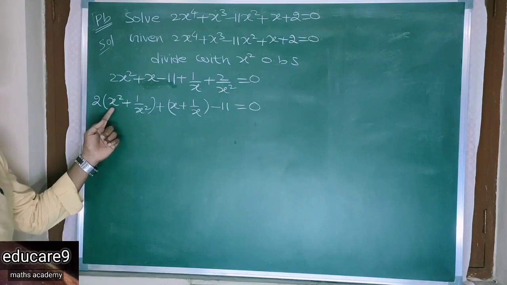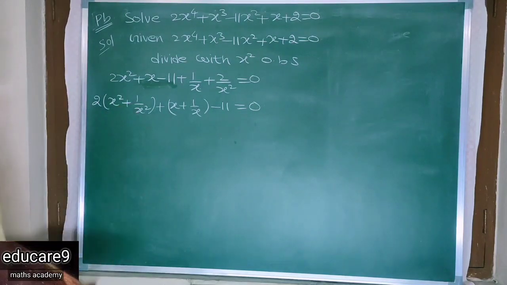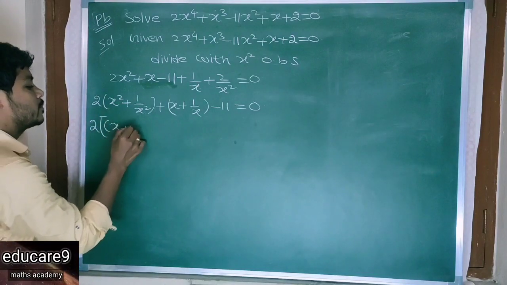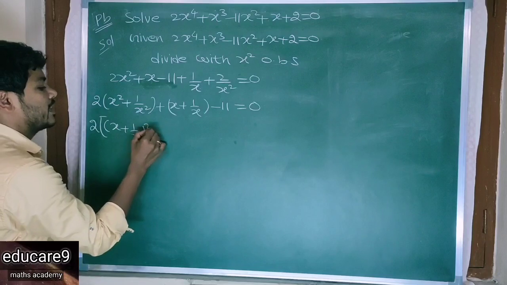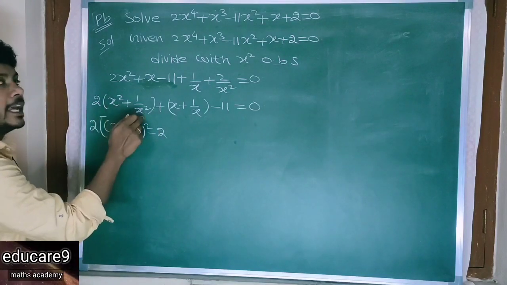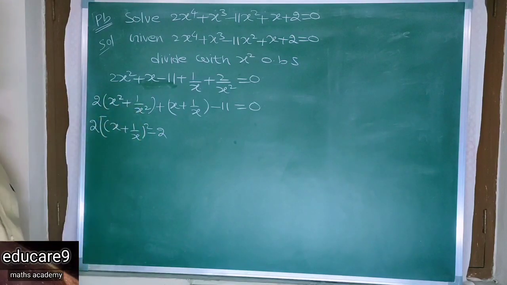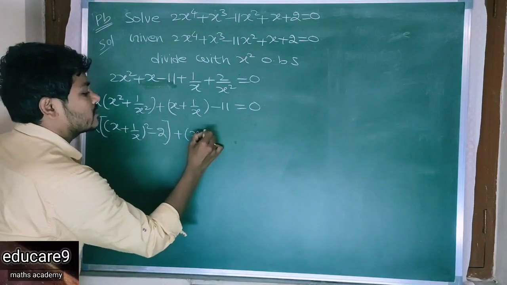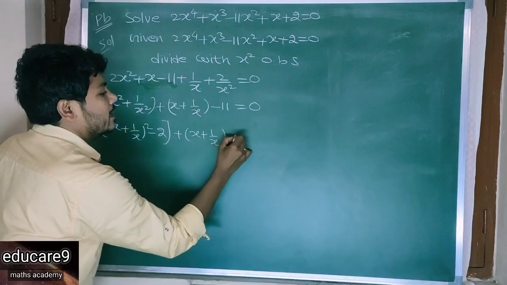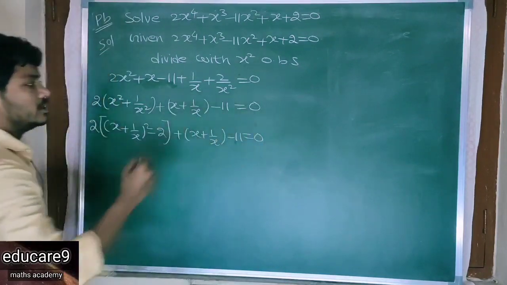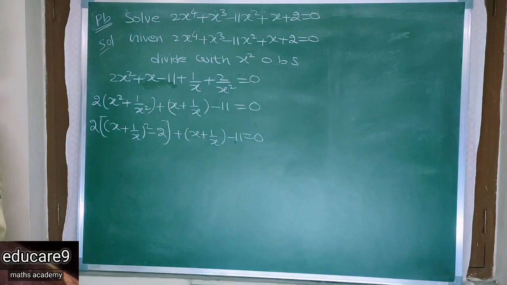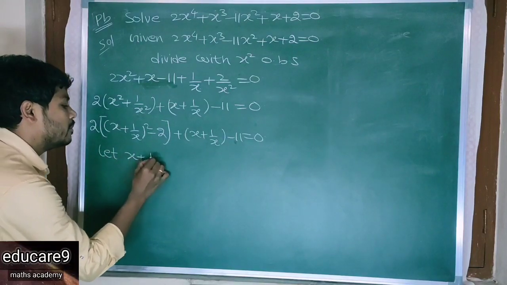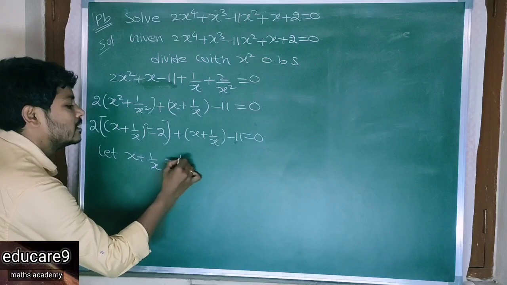Now it is in the form of a square plus b square. This can be written as 2 into x plus 1 by x whole square minus 2ab, 2x into 1 by x is 2, plus x plus 1 by x minus 11 is equal to 0. So here let x plus 1 by x is equal to t.